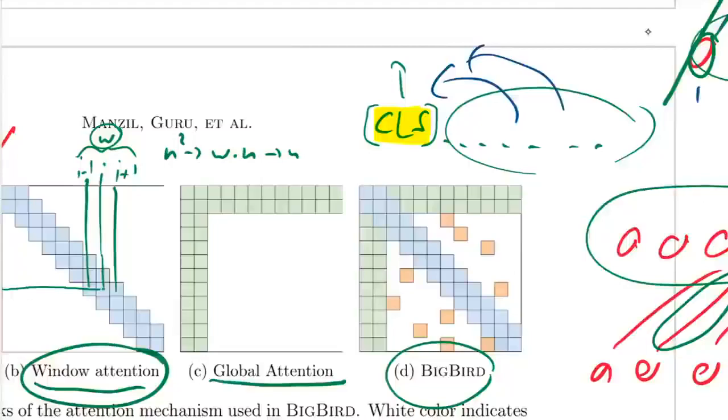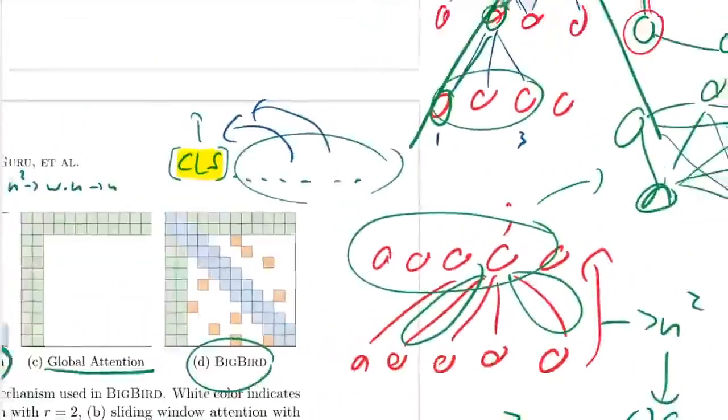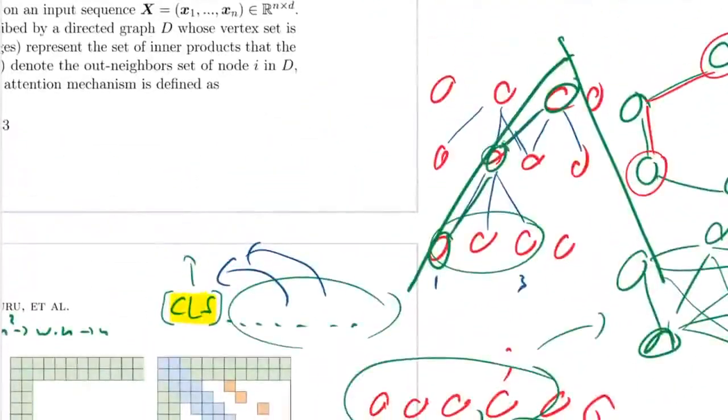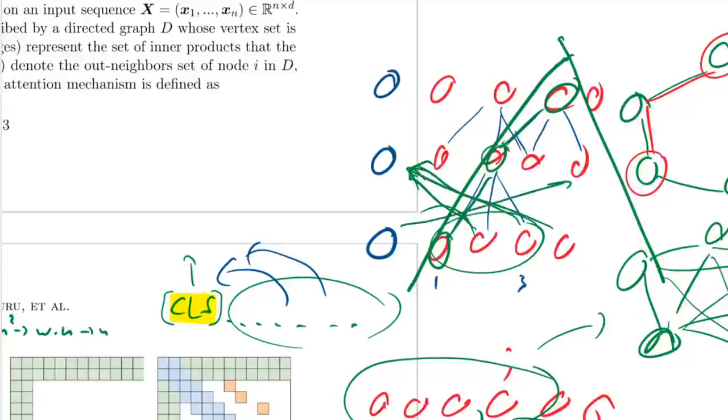So layer after layer, we have this one special node. And in each step, every single other node is able to send information to this node and receive information from this node.